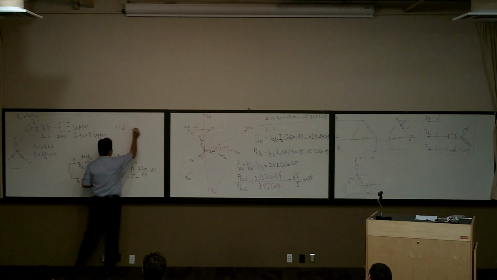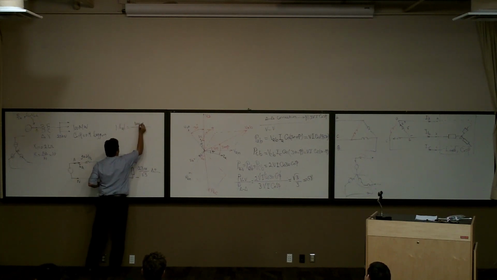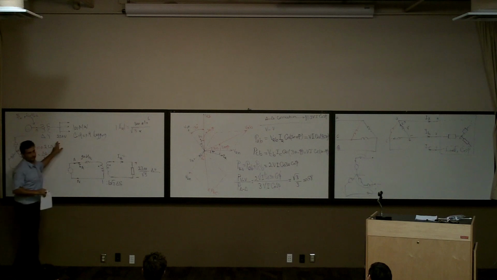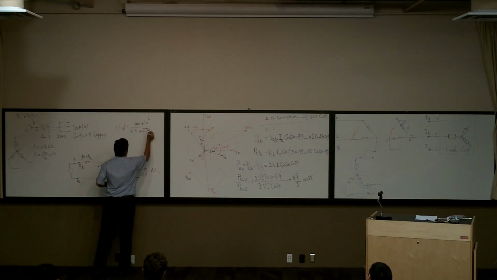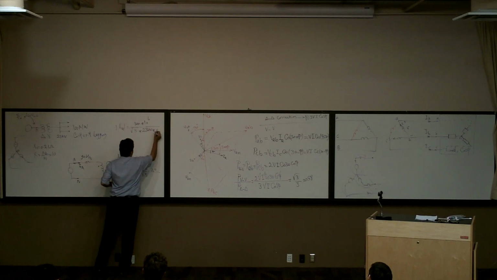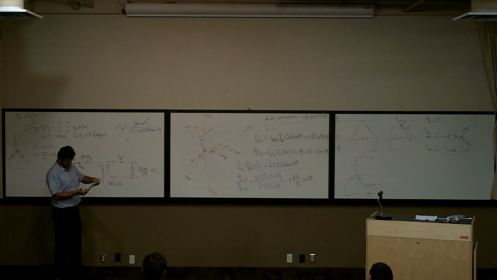So how much is the P here? 100 megawatt. The square root of 3 times how much is the VL? 2.3, right? How much is the cosine phi? 0.9. Can somebody calculate this number?